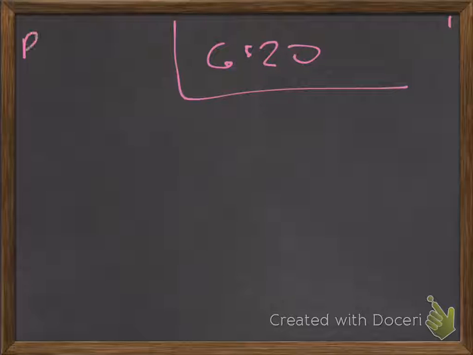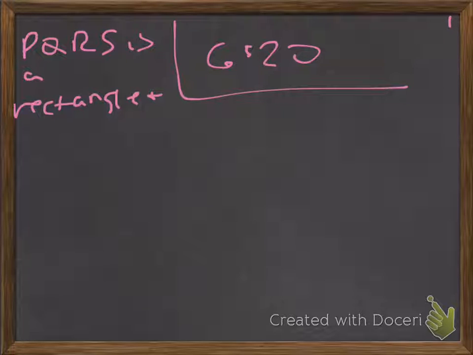And then since it's a rectangle and a rhombus, we can use 6.2 or 20 because it's both a rectangle and a rhombus to say it's a square.